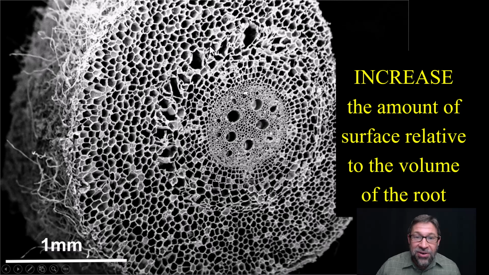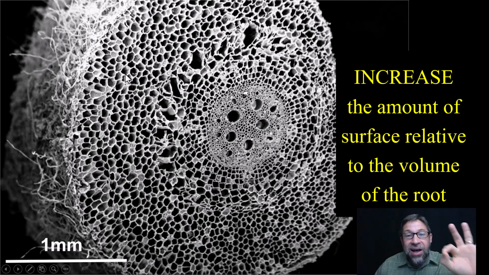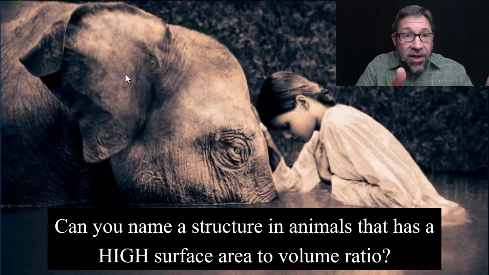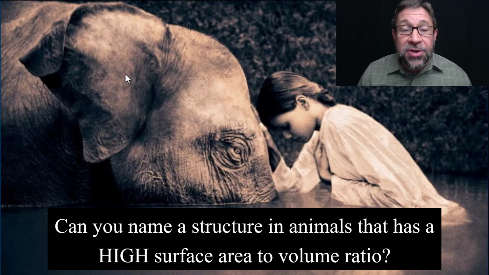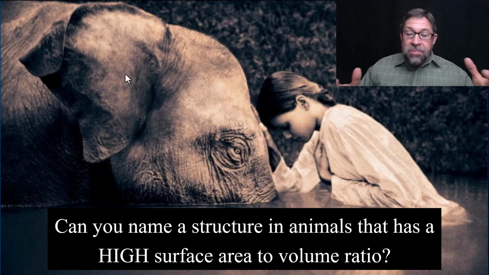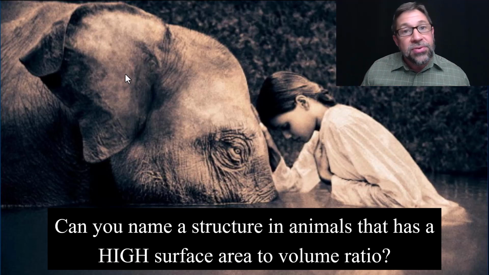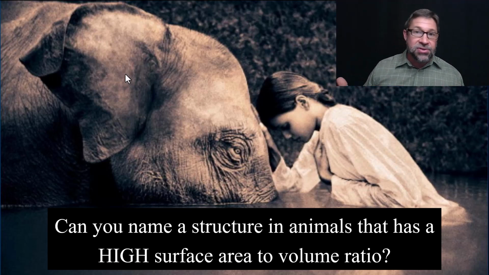And if you look at their internal volume, isn't the plumbing just remarkable? That is one tiny little root hair, a cross section of it. That's mind-blowing. Animals like this elephant and this human, they live in the same world as these plants. Thus, they have to operate under the same laws of physics.